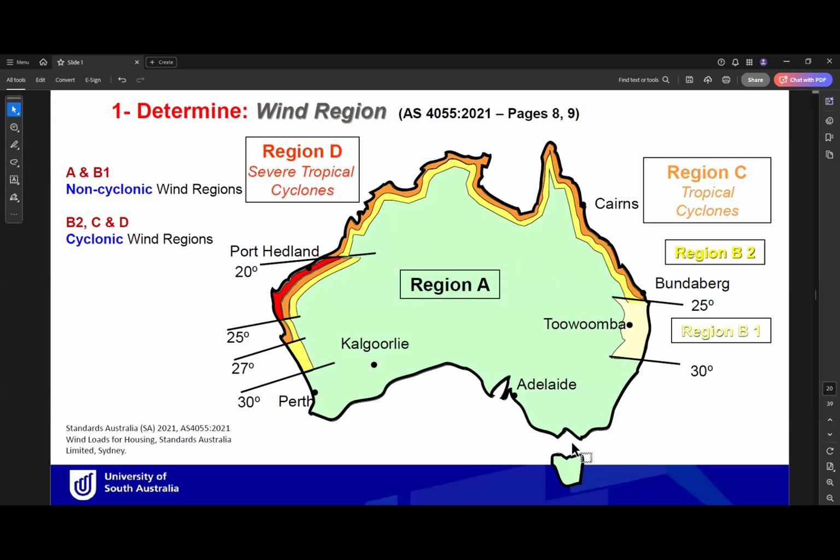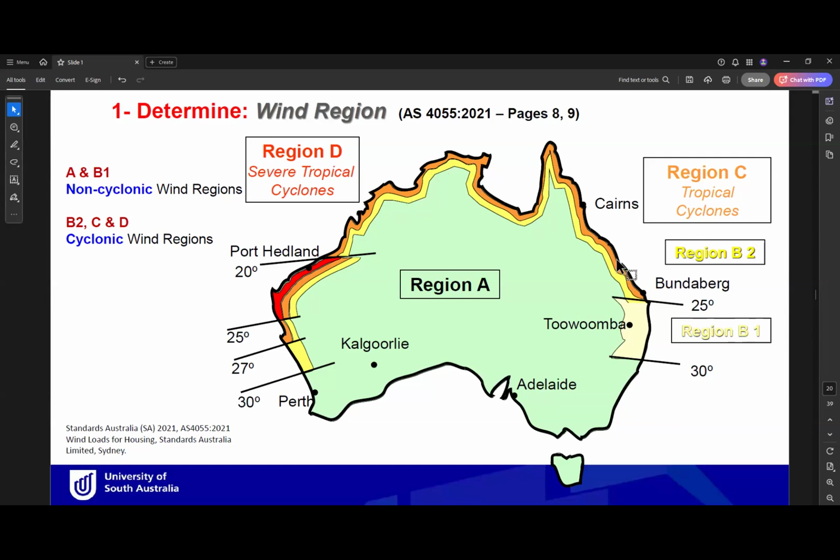As you can see, this light green is region A, this light blue is region B1, and this dark blue, this light yellow is region B1. This dark yellow is B2 on the coast here, the second area near the coast.